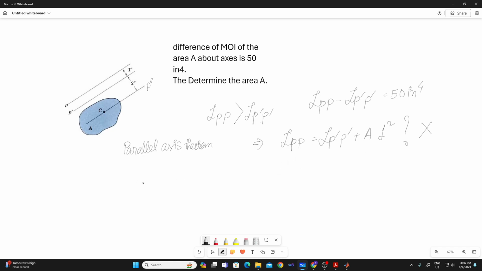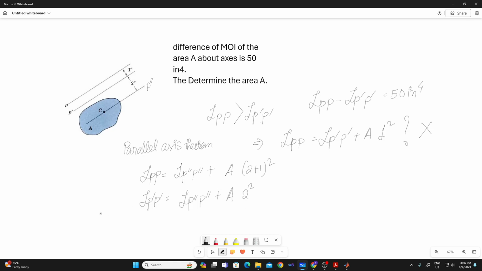Then you can write I PP equals I P double prime P double prime, that is the lowest moment of inertia, plus A times 2 plus 1 whole square. And then you also write I P prime P prime equals I P double prime P double prime plus A times 2 squared.